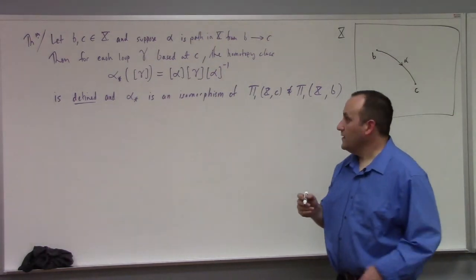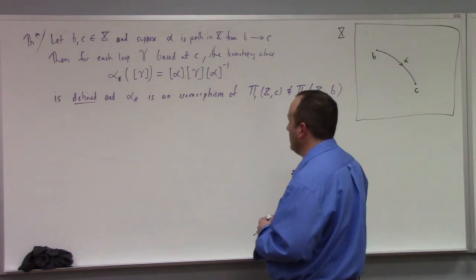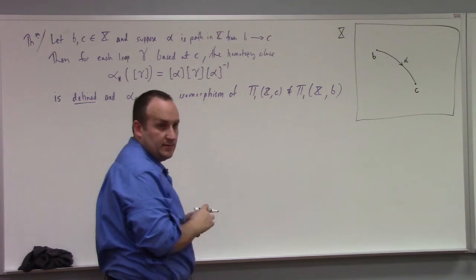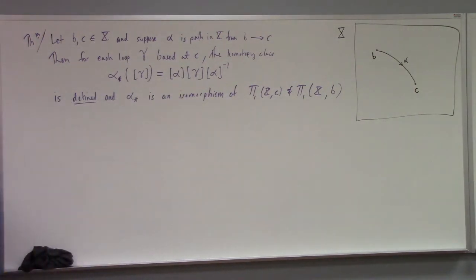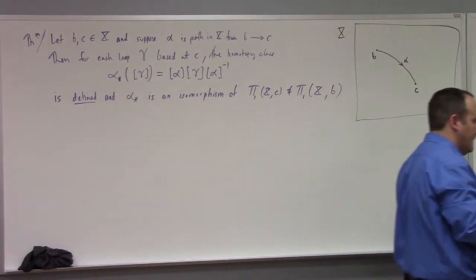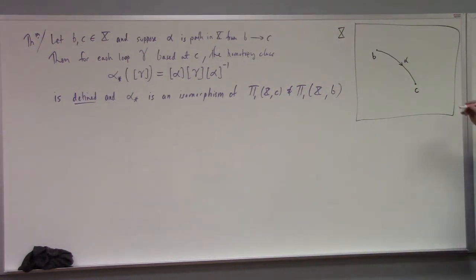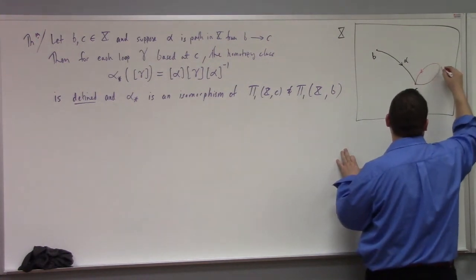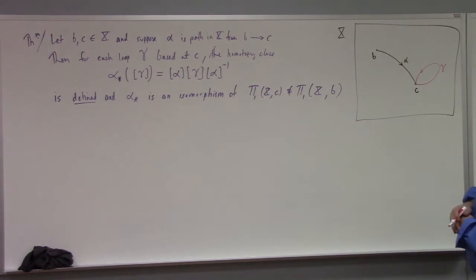And what's the object of consideration here? A loop gamma based at C. So what's that look like? Here's the loop. So that's the loop gamma based at C. The claim is that that gives us a homotopy class alpha star.